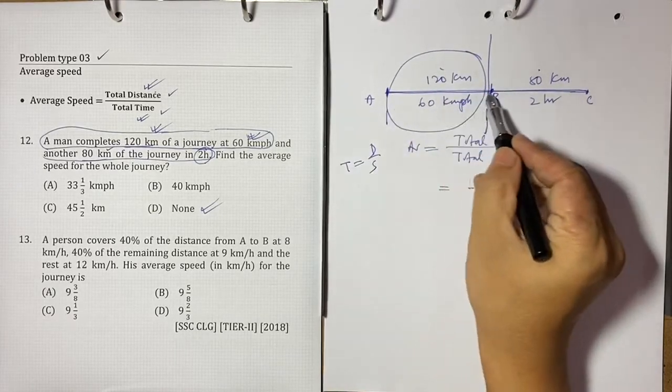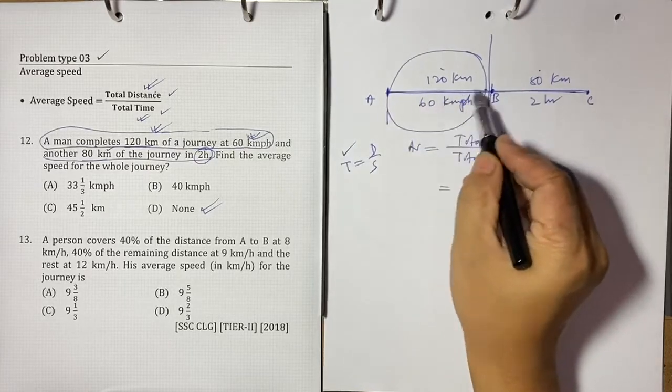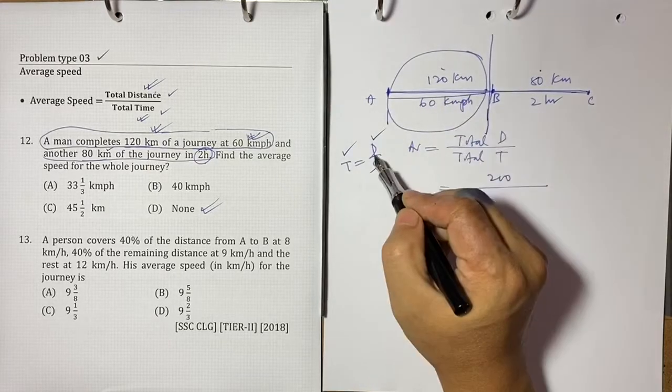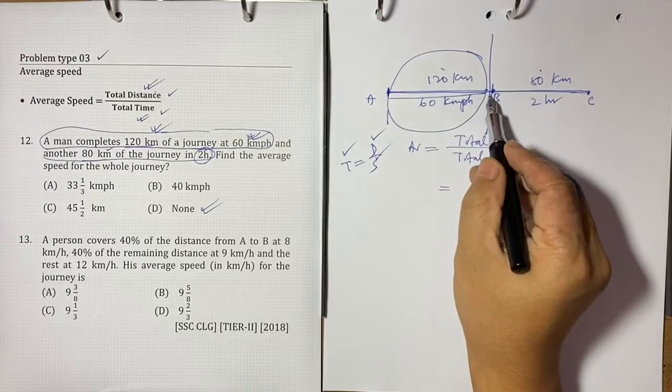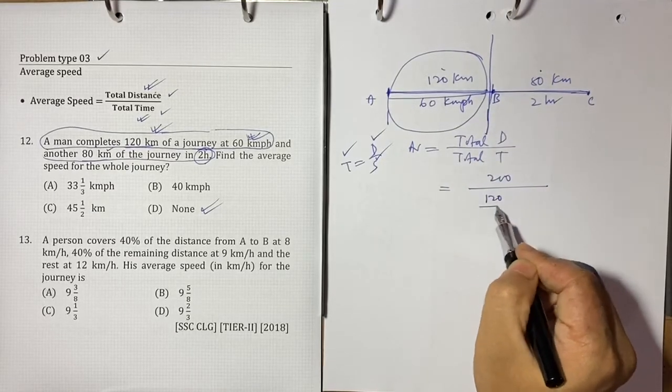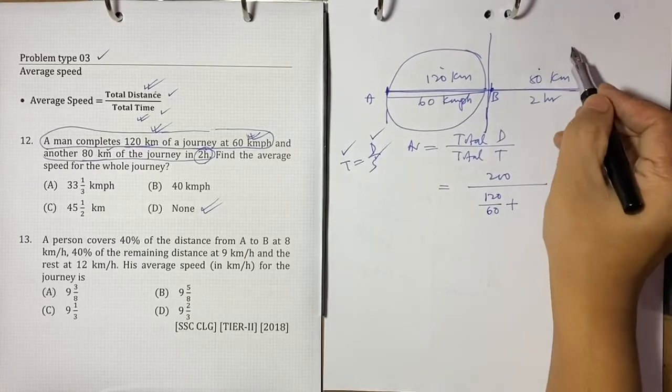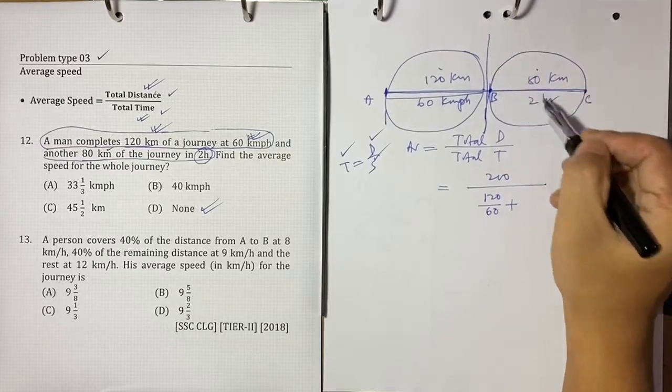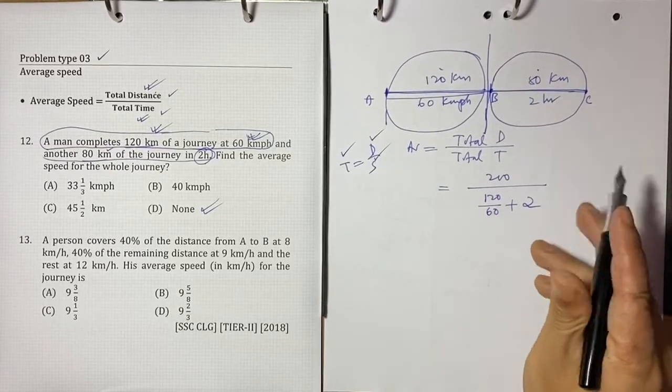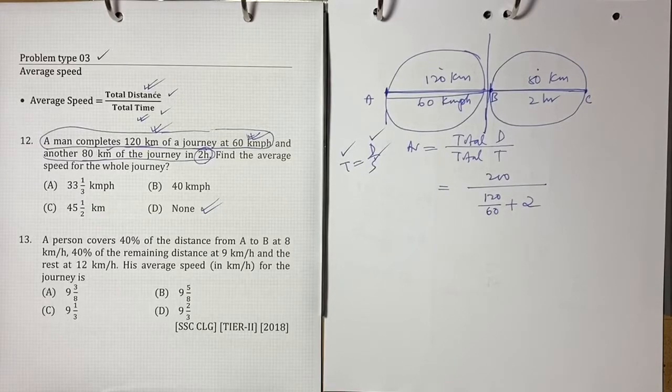For the first part, the time is distance divided by speed, plus the time of the second part, which is given in the question as 2 hours, directly added. So this is how the equation comes.